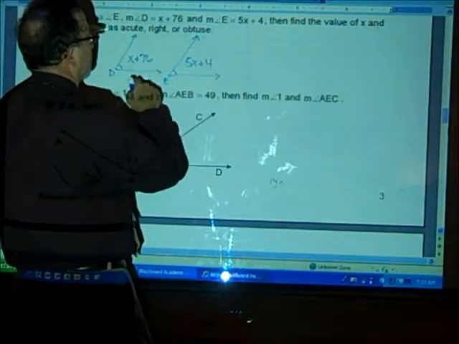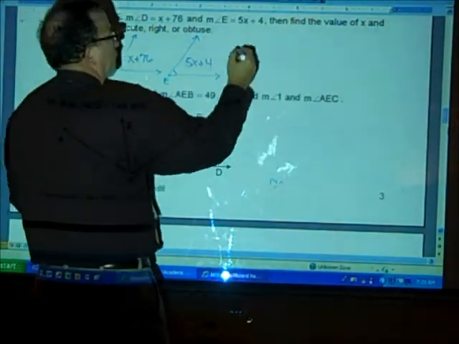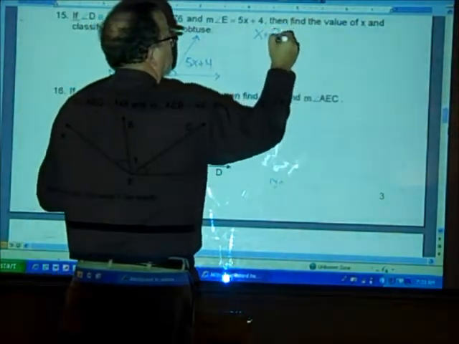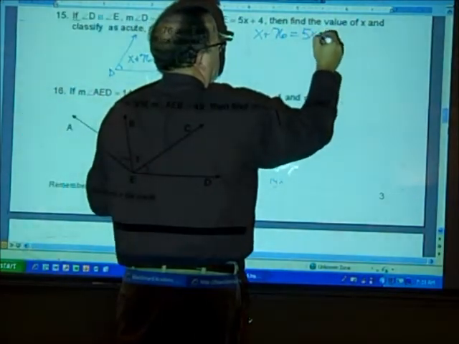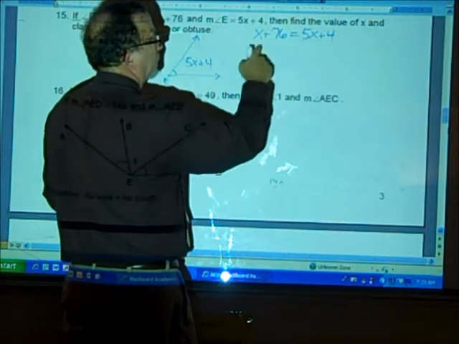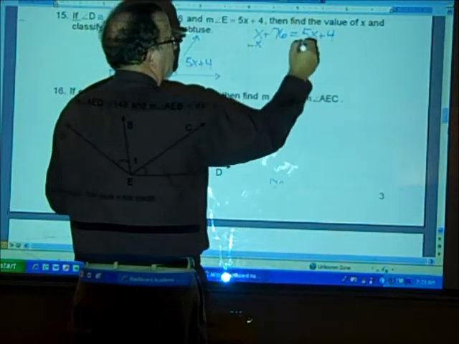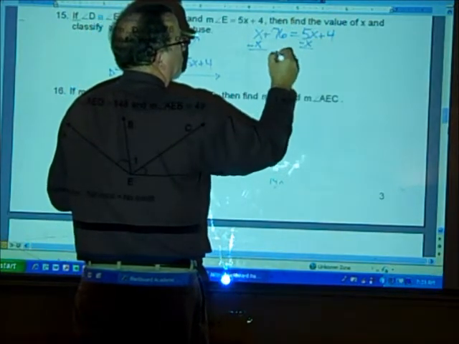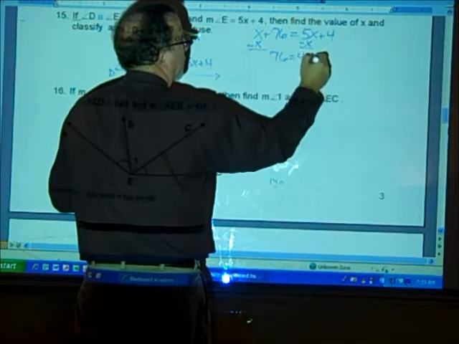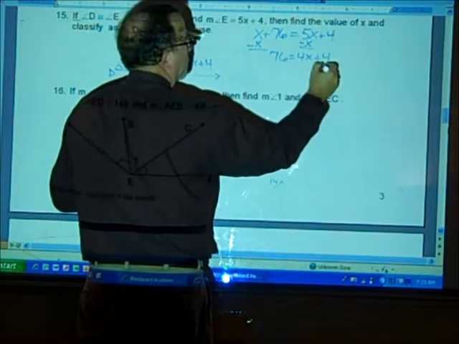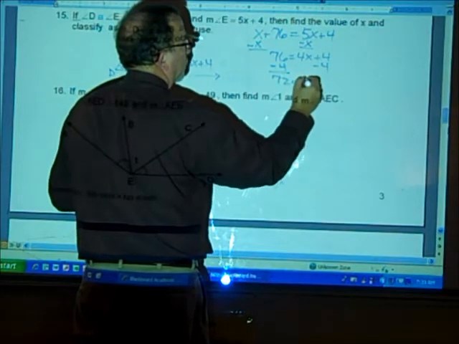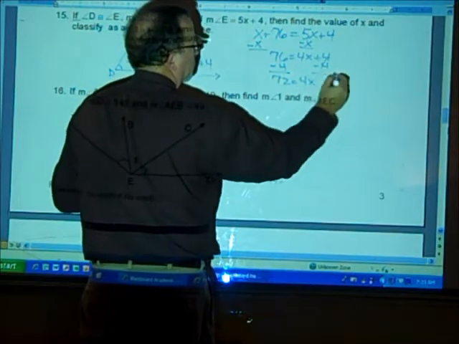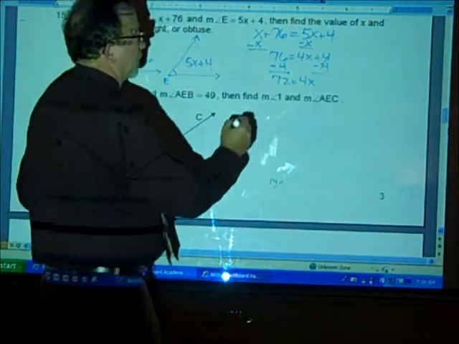So first of all, let's find x. So these are equal, so we're going to do x plus 76 equals 5x plus 4. Solve for x. We've got x's on both sides. Let's get rid of this one. 76 equals 4x plus 4. Subtract 4 from both sides. 72 equals 4x. Divide both sides by 4.